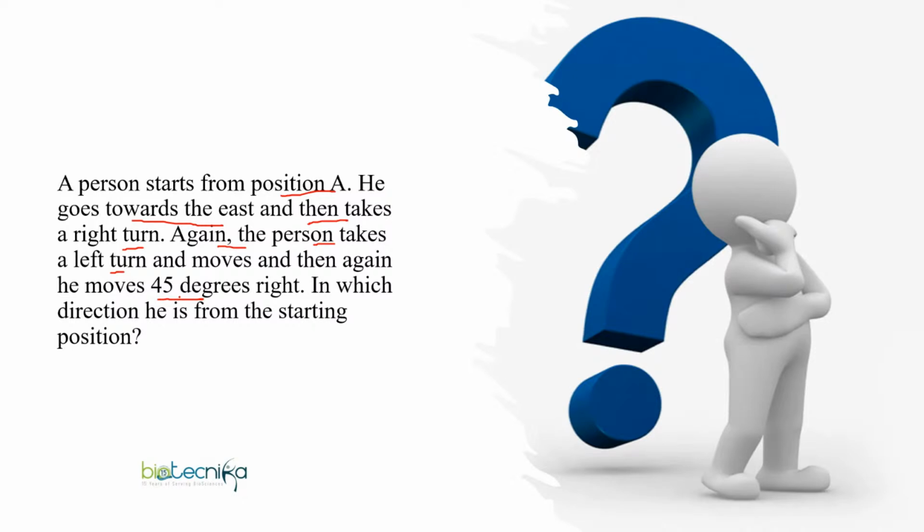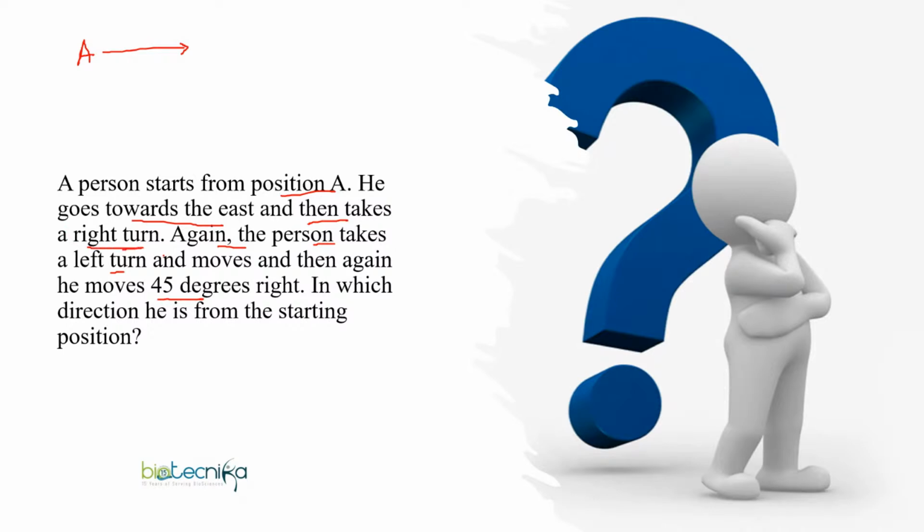So let's see. First of all, let's try to draw the diagram for this particular question. It says a person starts from a position A. If this is A, and the person is starting from position A, he goes towards the east. So this is east. And then he takes a right turn.